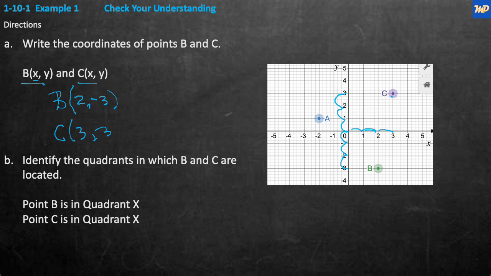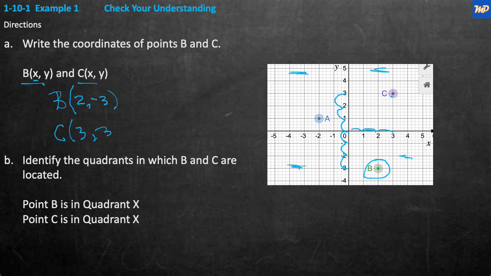Identify the quadrant in which B and C are located. So what quadrant is the B point in? First of all, where is B? B is right here. And you remember how we counted quadrants? This is a quadrant here, this is a quadrant over in here, a quadrant in here, and a quadrant in here. And remember the numbering.